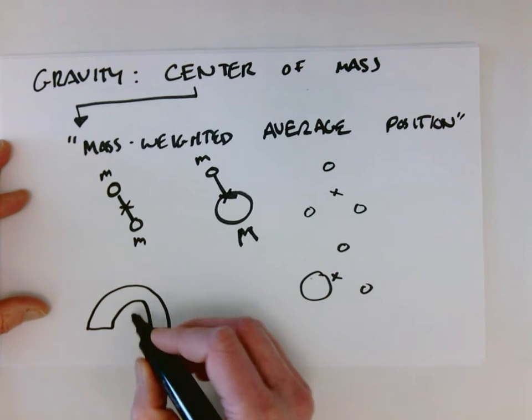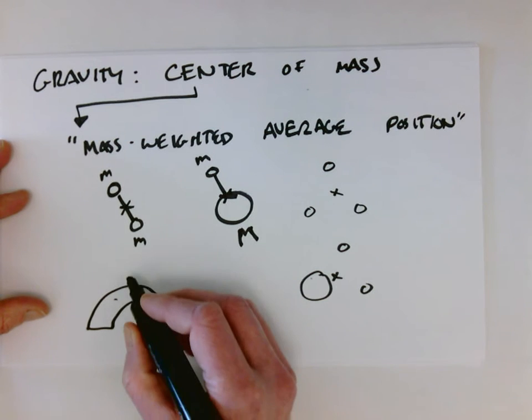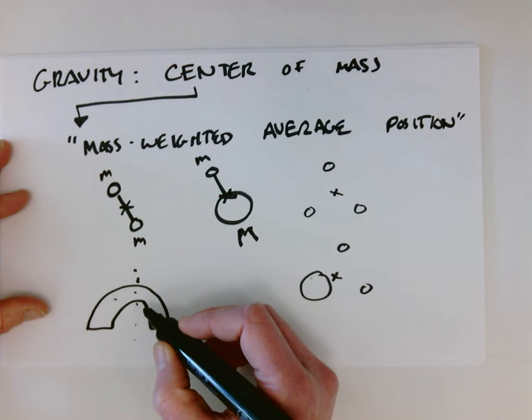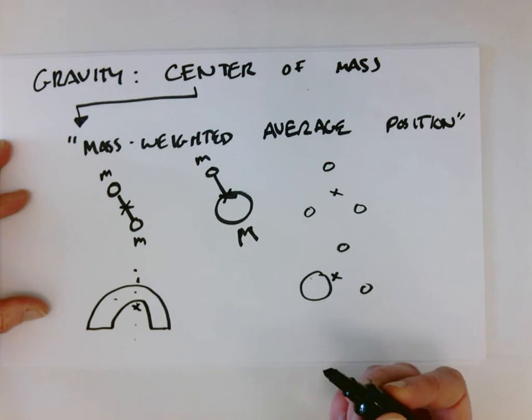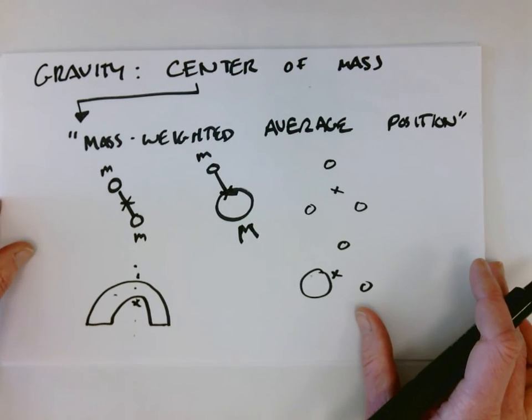There's some symmetry here, so it's clearly going to be someplace on this center line. It looks like it would be someplace in that vicinity, but you'd have to actually do the math to find out if that's right.